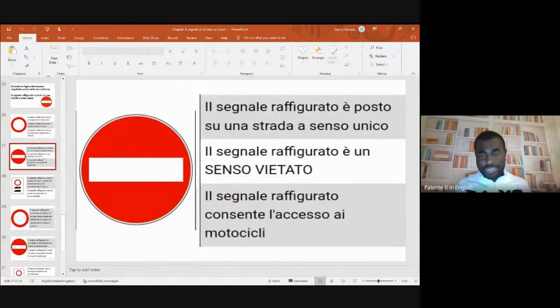Always try to do the question by yourself. You have this question, this signal with 3 signals. Il segnale raffigurato è posto su una strada a senso unico. Il segnale raffigurato è un senso vietato. Il segnale raffigurato consente l'accesso ai motocicli.